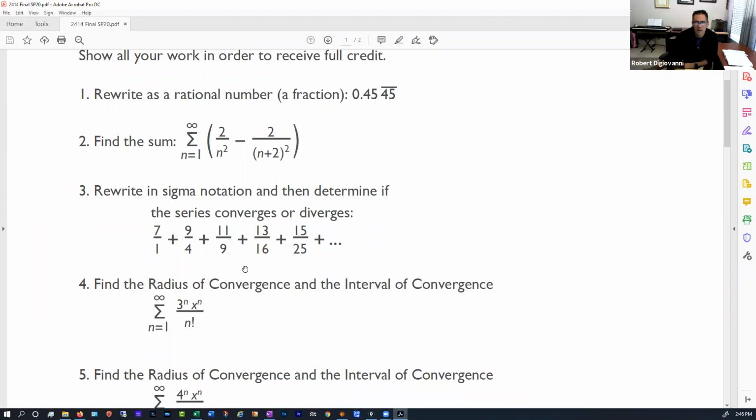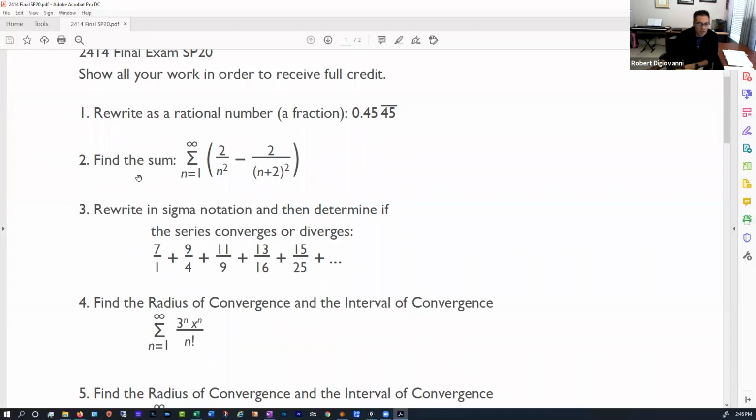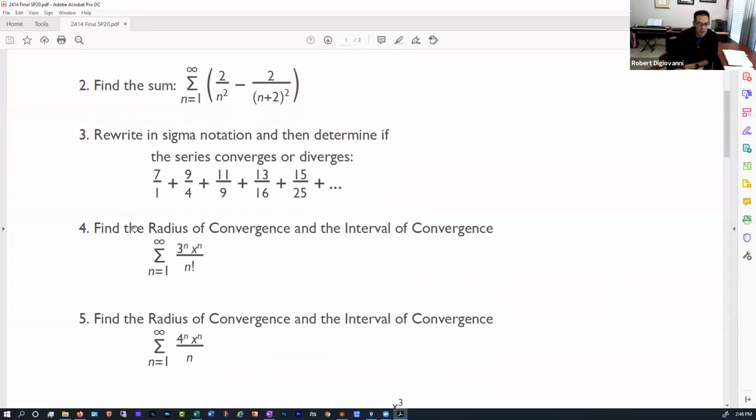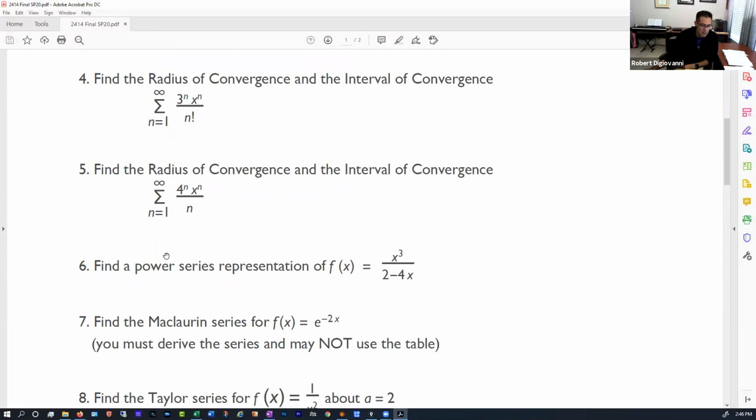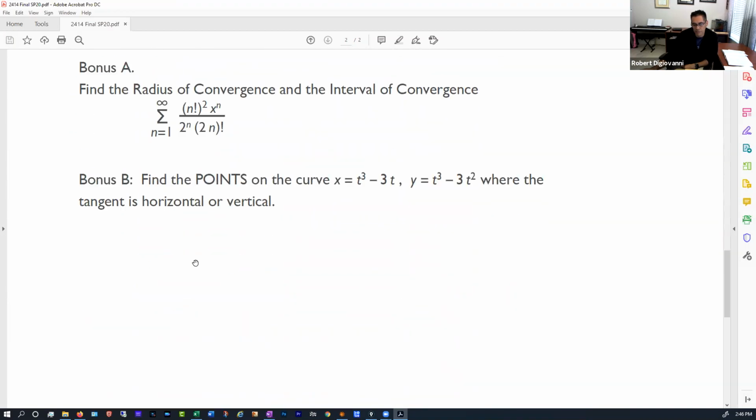Taking limits of sequences, we do that every time we run an nth term test. The first test we do is basically what 8.1 was about. It's also the whole idea of coming up with a formula. So this test basically starts at 8.2, 8.3, 8.5, 8.6, 8.7, 8.8. So it's all Chapter 8, pretty much.